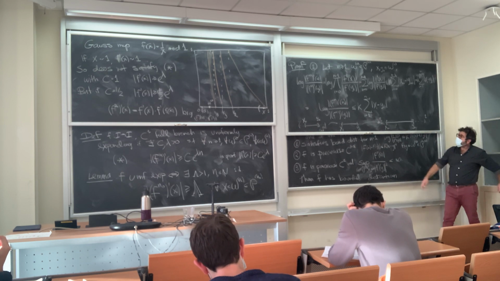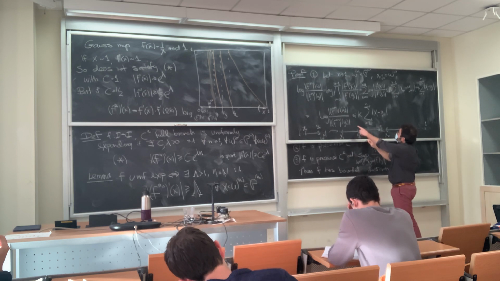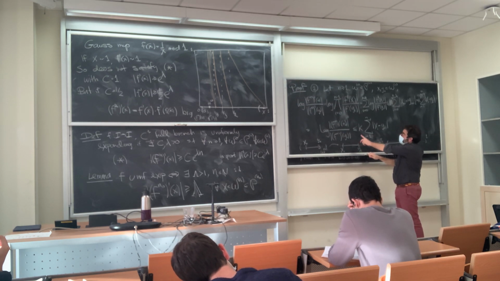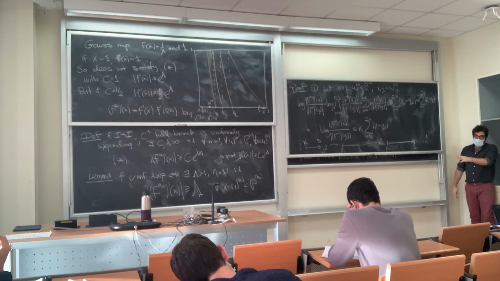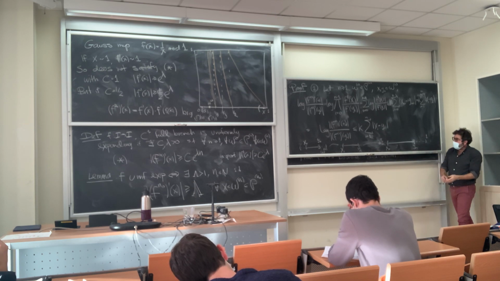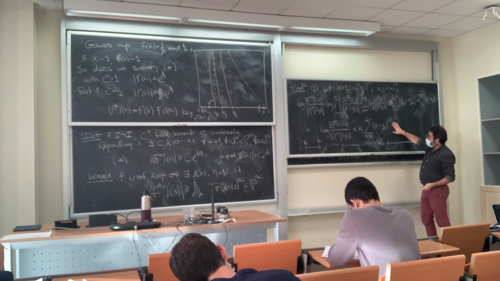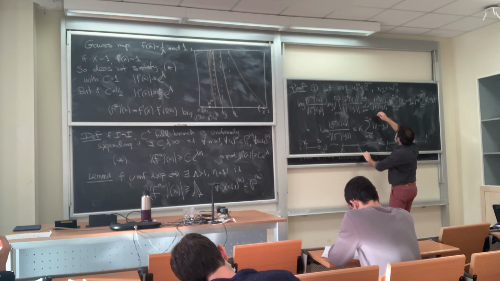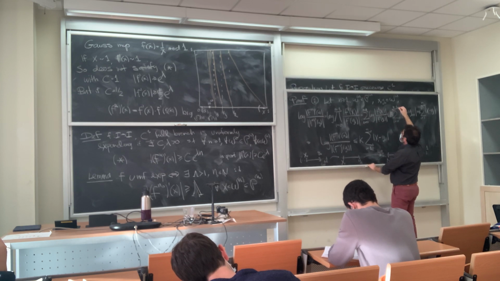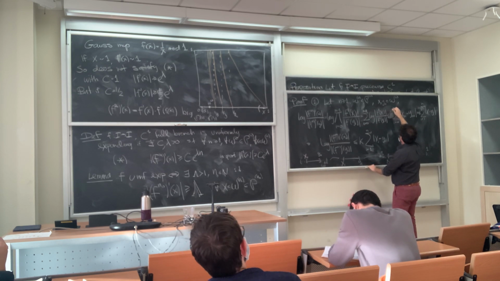And what do we want? We're looking for a bound that is independent of n. In fact, we're looking for a bound that will give k or some constant. Maybe I should have used a different constant here.